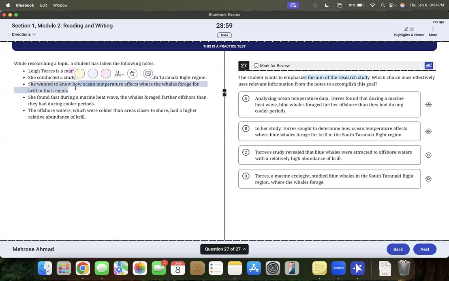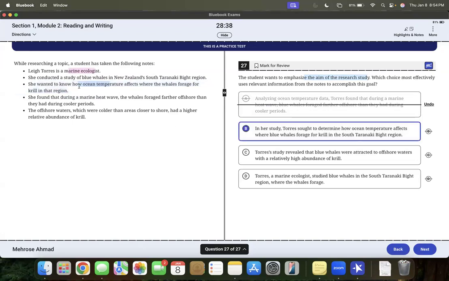Let's go through all of these. A, analyzing ocean temperature data, Torres found that blue whales forage farther offshore. No, this is not showing the aim, this is showing results. B, in her study, Torres sought to determine how ocean temperature affects where blue whales forage for krill in the region. This is a very good summary.